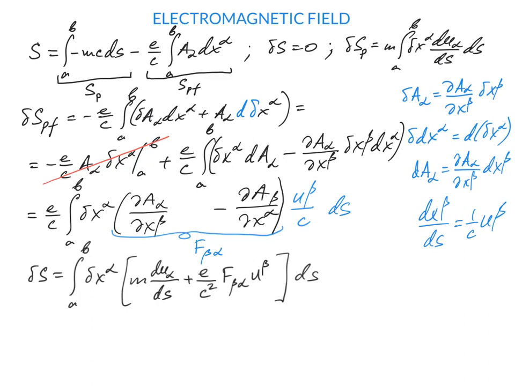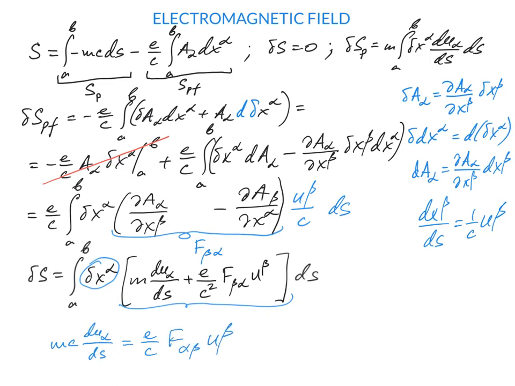The variation has to vanish for the arbitrary delta x alpha, which means the entire bracket here has to vanish identically, which gives us the equation of motion. mc du alpha by ds equals e over c f alpha beta u beta.